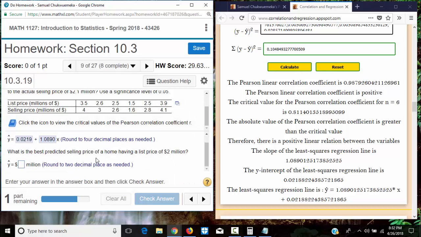What is the best predicted selling price of a home having a list price of $2 million? So if you read this here, we see that there is a positive linear relation between the variables.